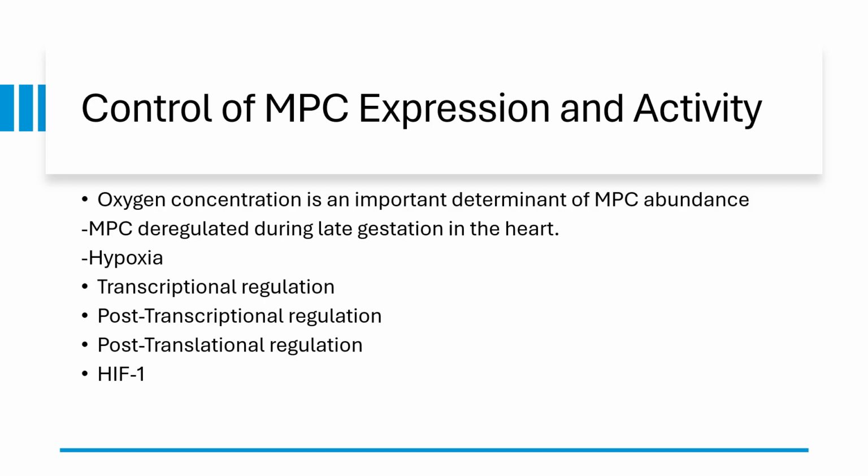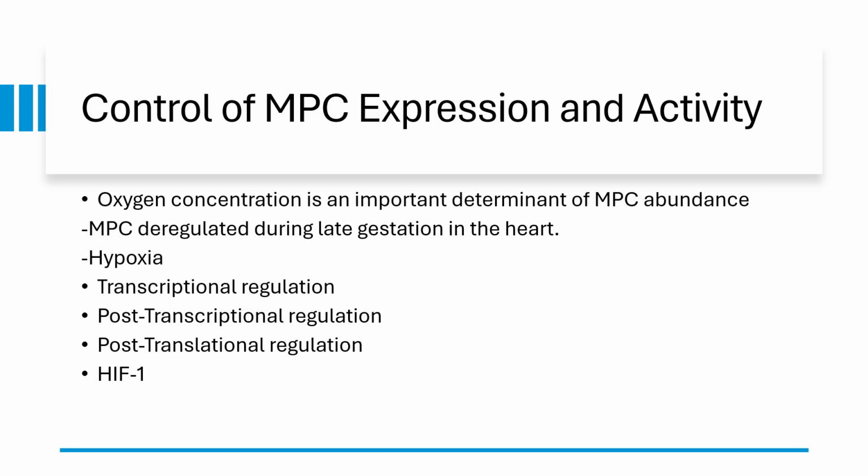And so this is going to lead to the control of MPC expression and activity. Now, oxygen was discovered as maybe being an important determinant of MPC abundance. It was shown that MPC expression was strongly downregulated in the heart during late gestation, which results in delivery of oxygen being reduced.